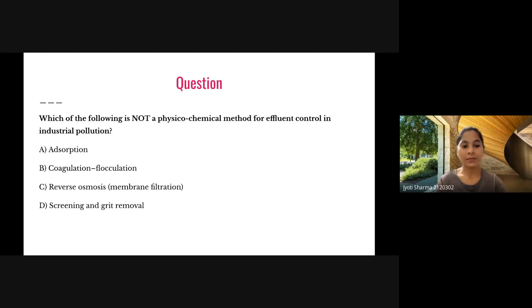The thing is, the answer will not be B or C, but it would be D. And why would it be D? Because we are reading right now the physiochemical methods to remove organic matter.